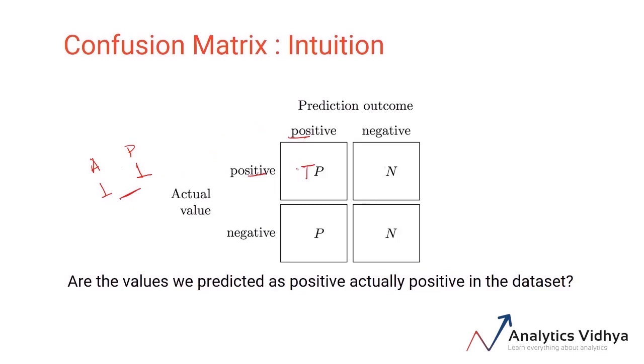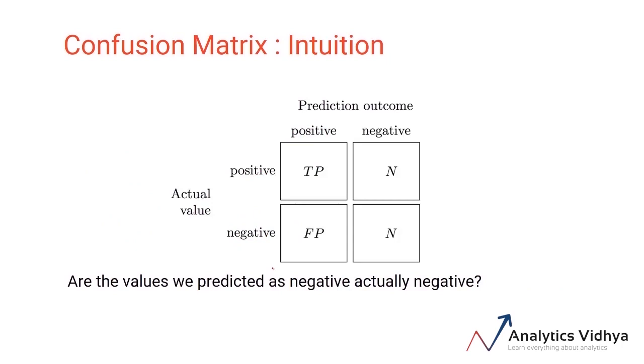Now if the value is predicted as positive by the classification model, but actually the value is negative, in this case the prediction is incorrect, or we can say false. So in this cell we can write false since the model has predicted positive but actually the value is negative. So here are the names of these two cells.